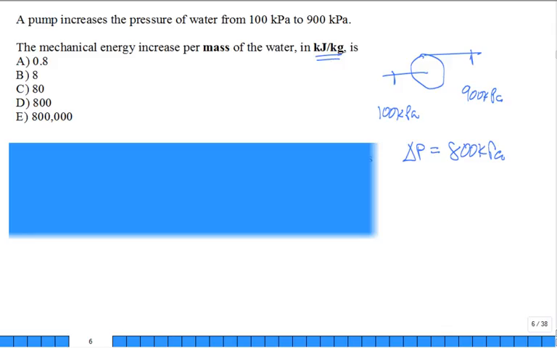So we're going to have a change in the energy of the fluid per unit mass of the fluid, and we want that answer in kilojoules per kilogram. Well, how is the energy, mechanical energy, realized?